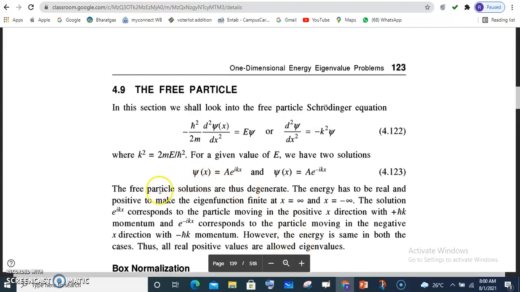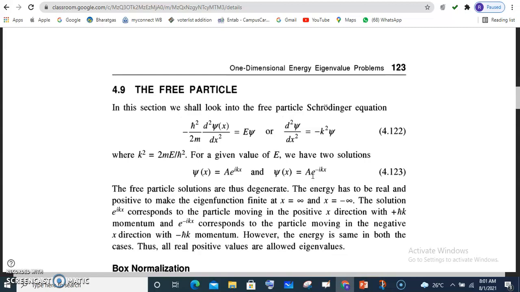So since we have this degenerate solution, we cannot just go on with these two possible solutions, since it represents a continuous plane simple harmonic wave.